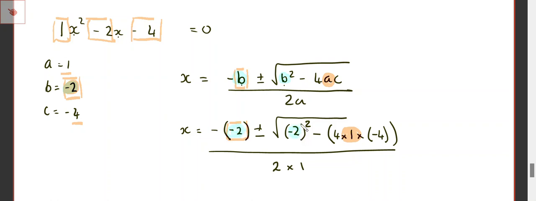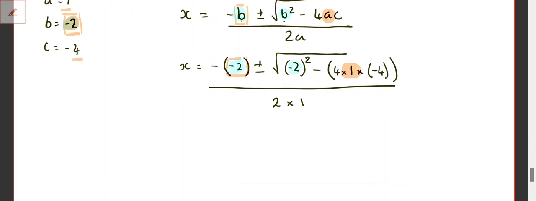Now, as Marley's suggested, why am I putting it in brackets? Well, I'm putting it in brackets for the negative matter. This is minus b. If b is negative, I'm asking for minus the negative. So my next line, for instance, with Marley's would be x equals, well, minus makes it a positive.